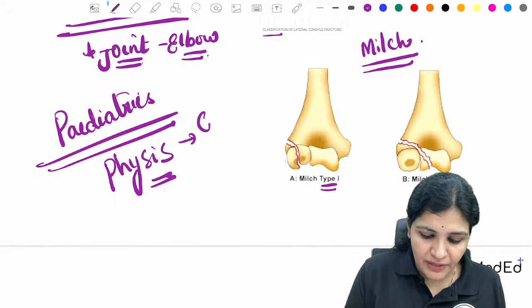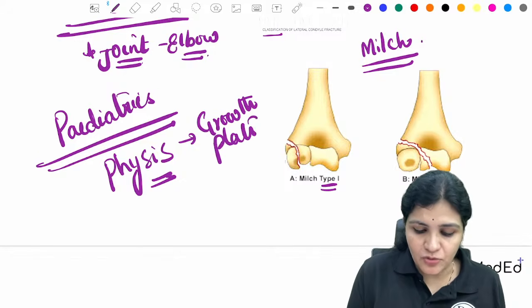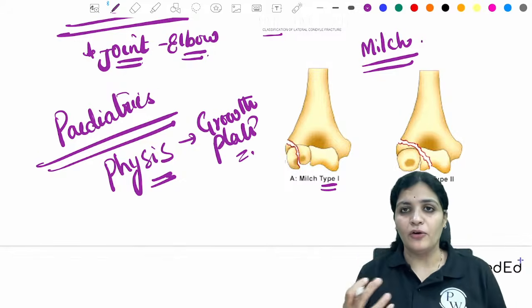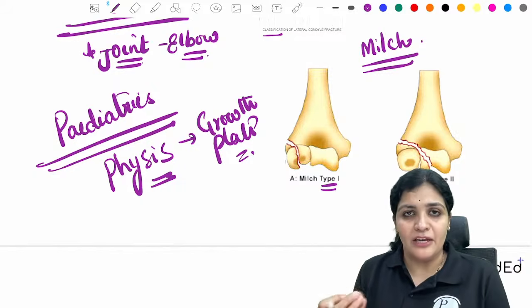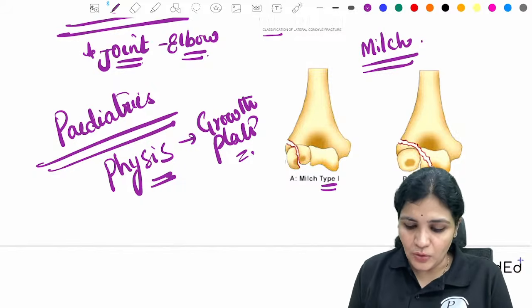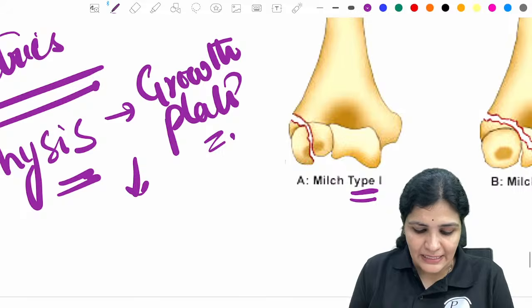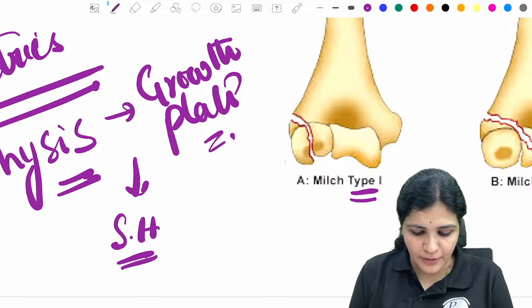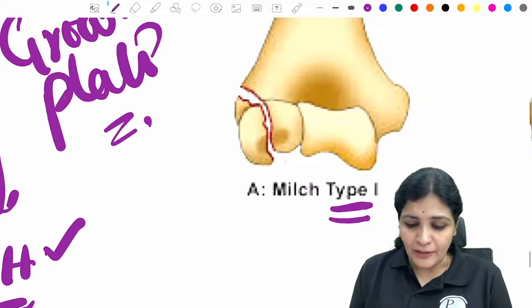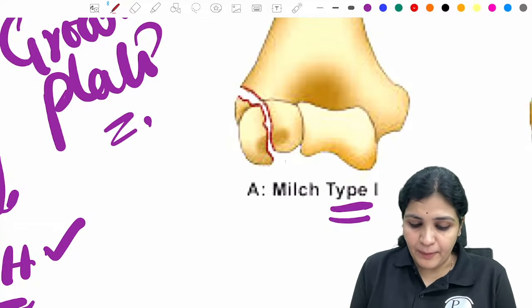So what do you mean by physis? Physis is involvement of the growth plate. So whenever there is an involvement of the growth plate, you will see that the Salter-Harris classification will come into play.